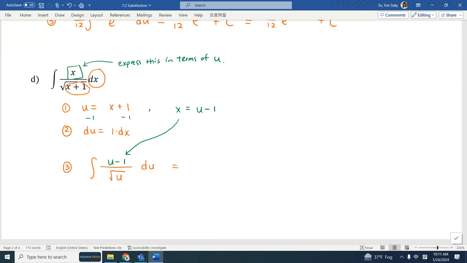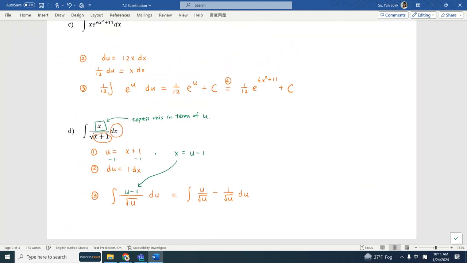In this case, how do we simplify? We split them, right? So we have u over square root of u minus 1 over square root of u du.